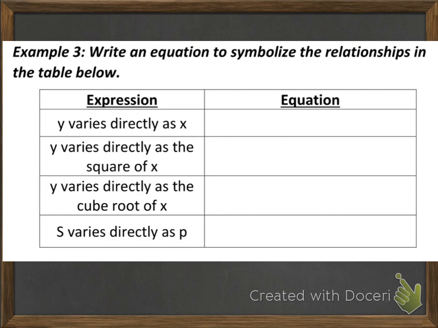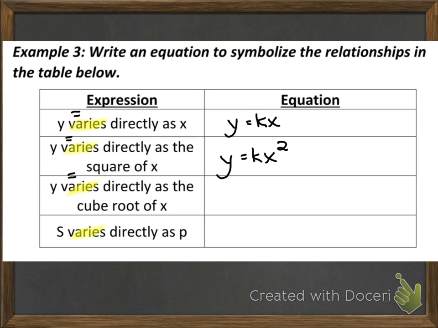All right, example 3. So this is just some practice interpreting these statements. Again, anytime I see the word varies, you're going to replace that word with the equal sign. So y varies directly as x, that's going to be y is equal to kx. Y varies directly as the square of x, so I need to write that as x squared.